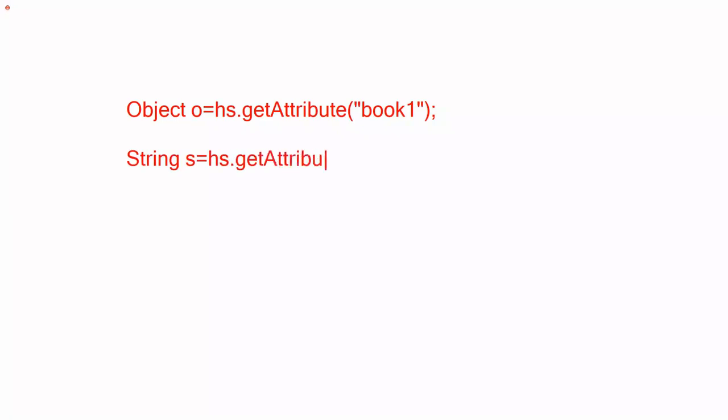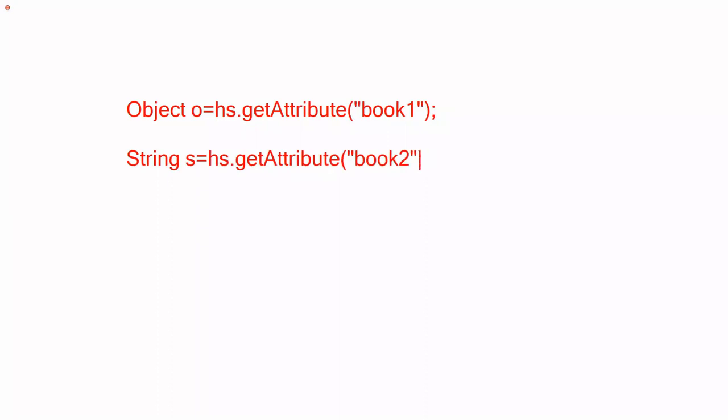Object o = hs.getAttribute("book1"). But we require string format. Then String s = hs.getAttribute("book2").